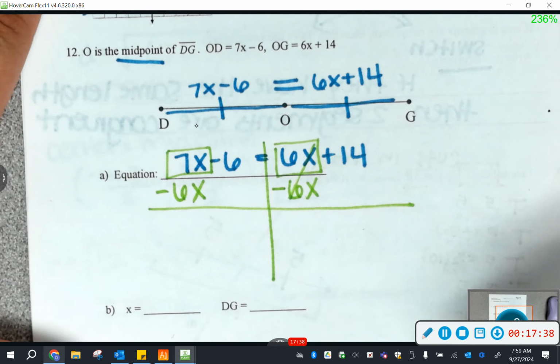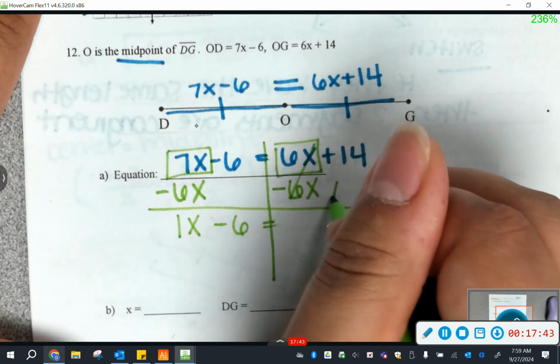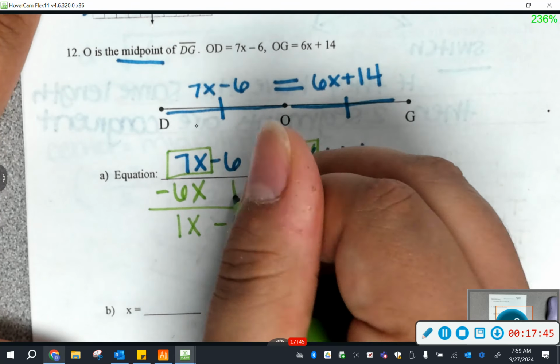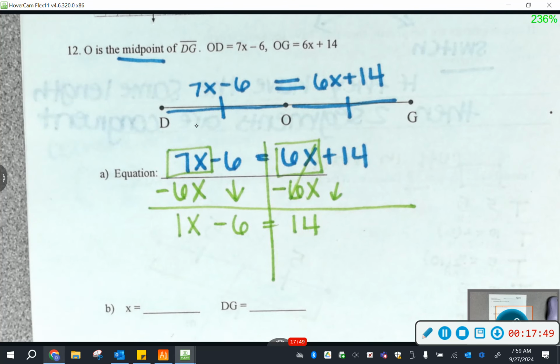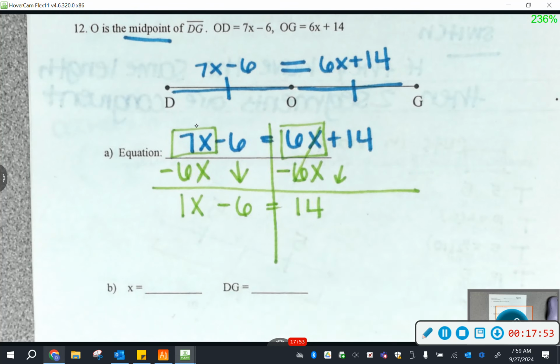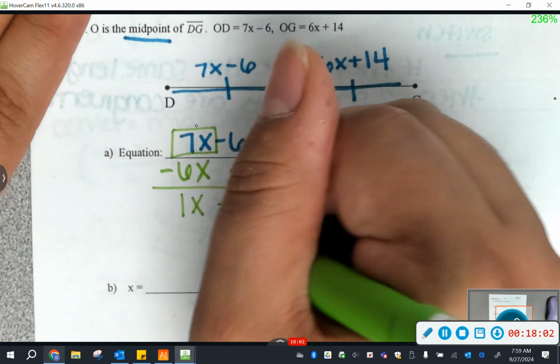7x minus 6x is x, and then bring down the other stuff. Now this is just a side chick problem. 2-step equation. Now you need to ask yourself, what do I got to do to get x by itself? Plus 6. I got to get rid of my side chick. I got to do the opposite.